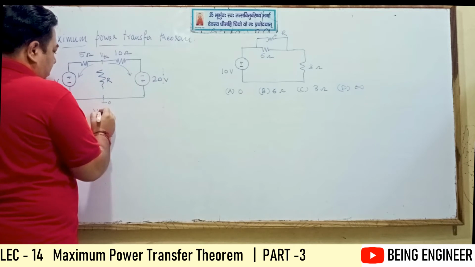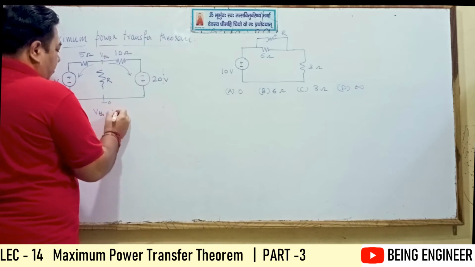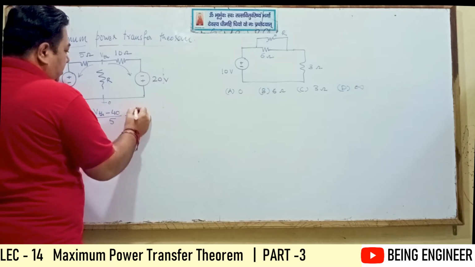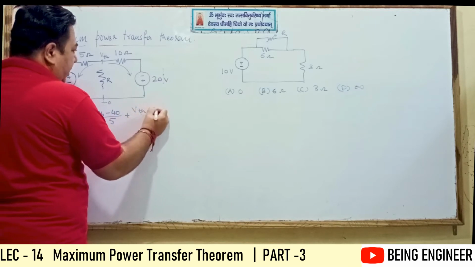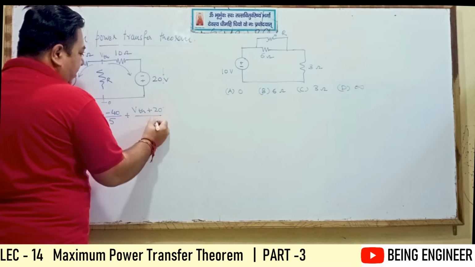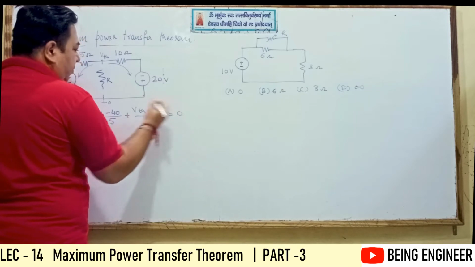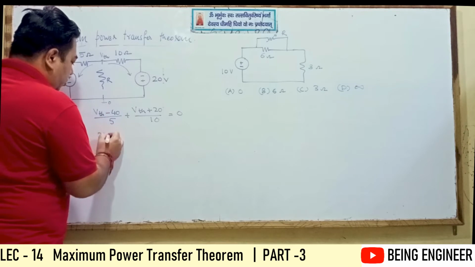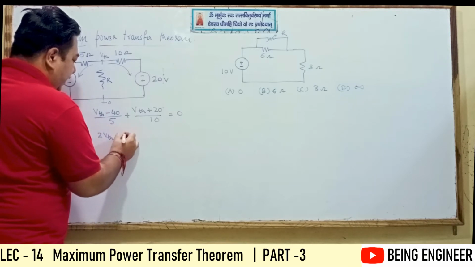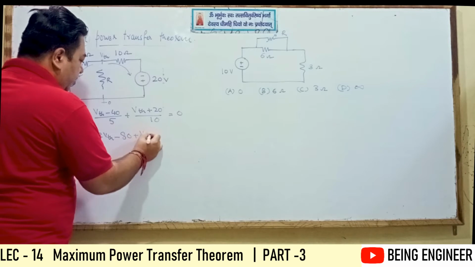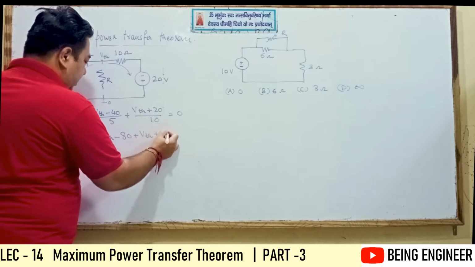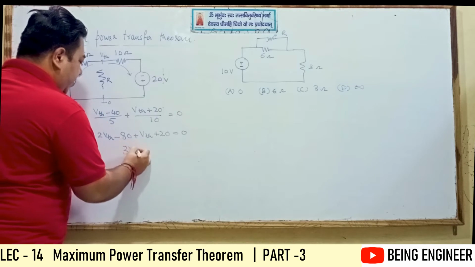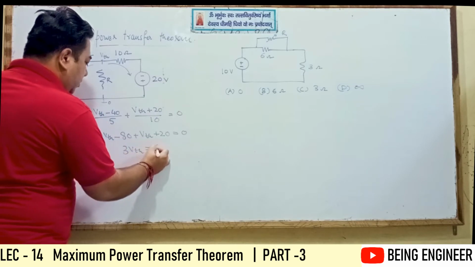So I can write (VTH minus 40) divided by 5 plus (VTH plus 20) divided by 10 equals 0. Solving, I get twice of VTH minus 80 plus VTH plus 20 equals 0, so thrice of VTH equals 60.